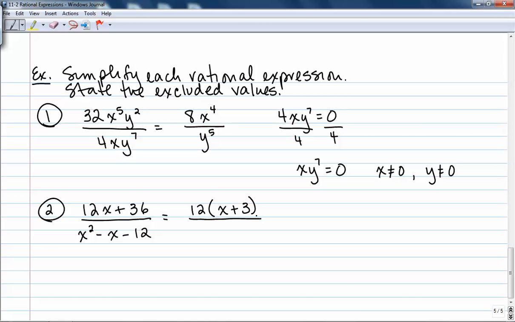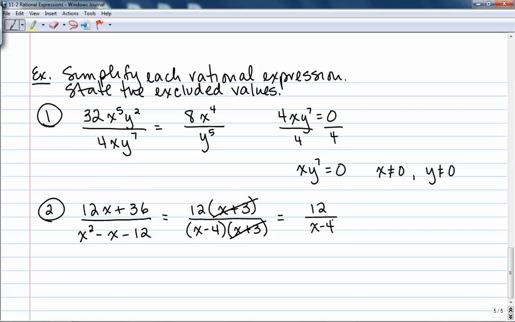And on the bottom, I have a trinomial, so I'm looking for two numbers that multiply to negative 12 and add to a negative 1. So that's x minus 4 and x minus 3. I'm sorry, x plus 3. Now I can cancel. My x plus 3's will cancel, and I am left with 12 over x minus 4.